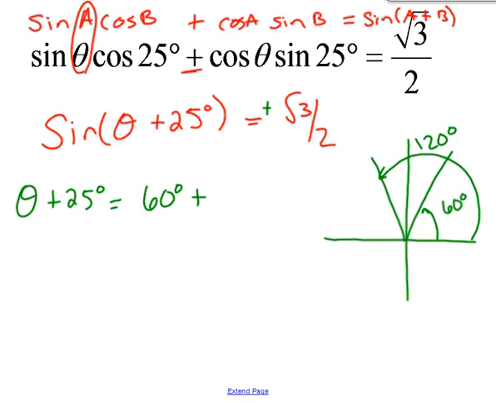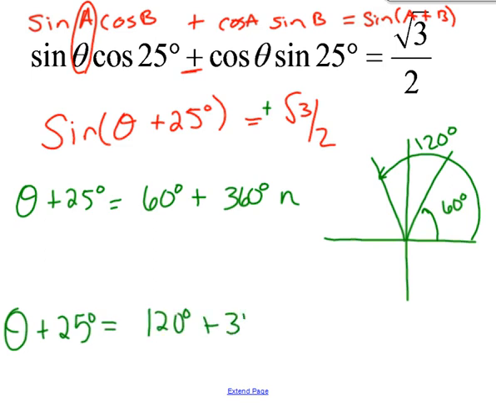And then remember, we could go around the circle infinitely many times, so we have to add on 360k, or we've used n, so I'll use that. And the other one we have is theta plus 25 degrees equals 120 plus 360n.